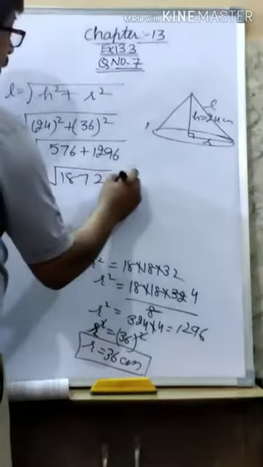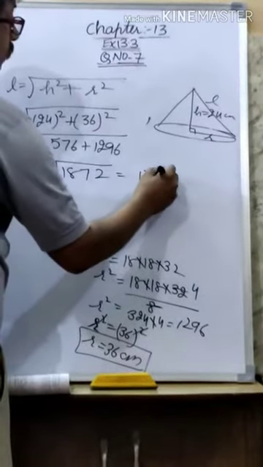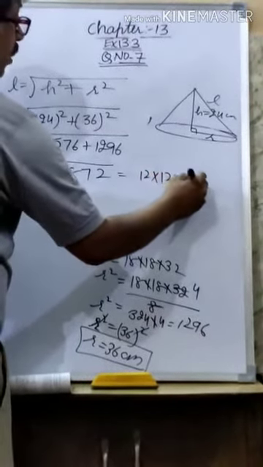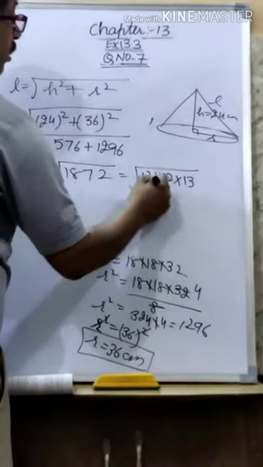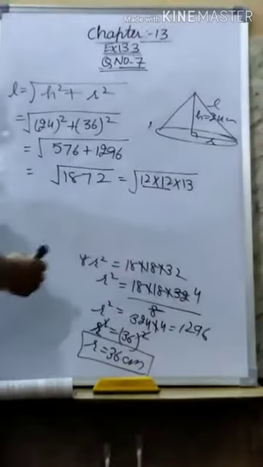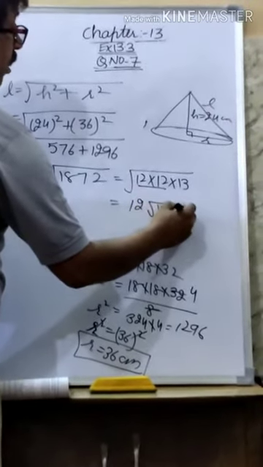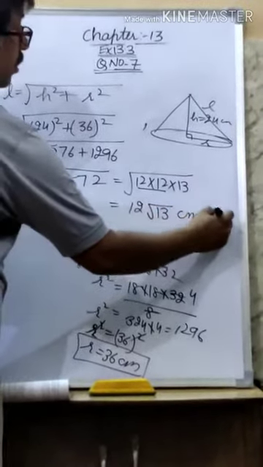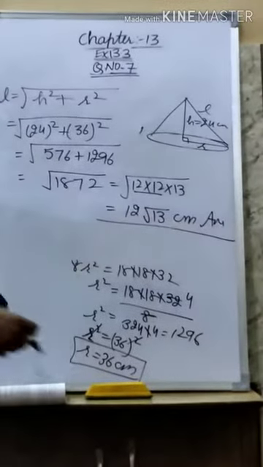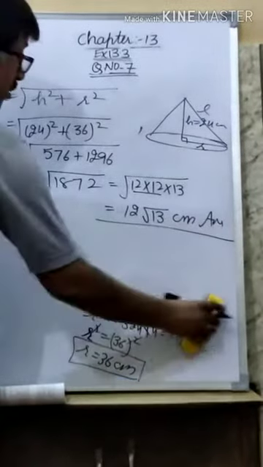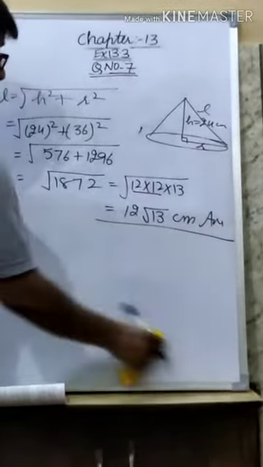Then simplify, factorize. Then if you see the factors, it is 12 into 12 into 13. Then take the pair of 12 outside. So this is 12 root 13 centimeter. So this is the slant height of this conical heap.